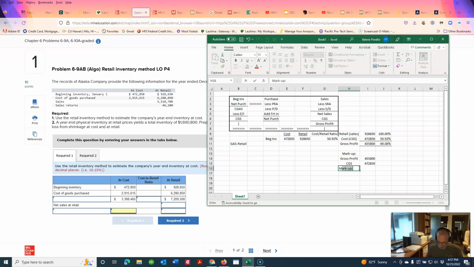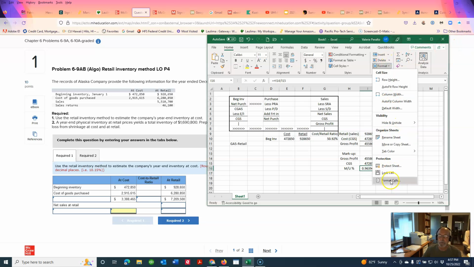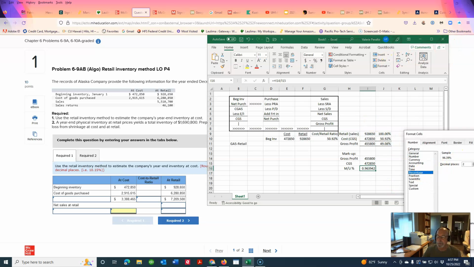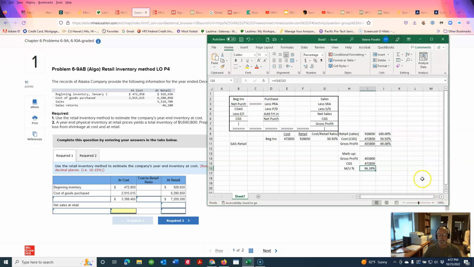So our markup percentage would be the amount of our gross profit divided by the amount of our cost, and this would be converted to a percentage. This would be 96.39%. So again, a different term, different calculation, but working with the same numbers.